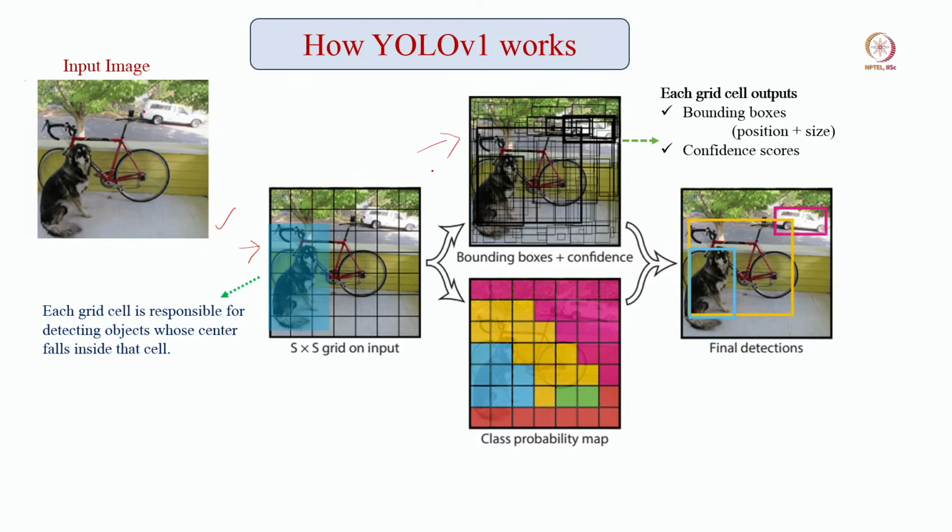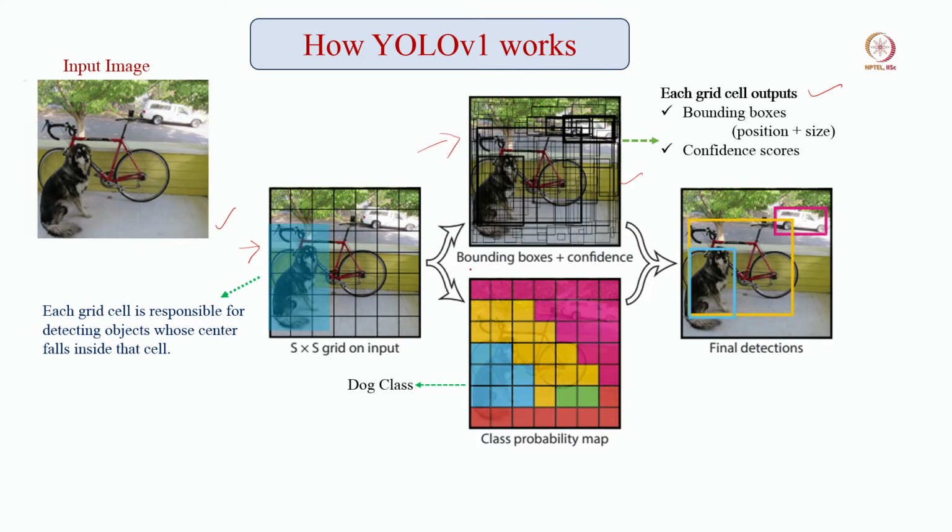Each grid cell outputs the bounding box position and size, and a confidence score. The confidence score is the confidence that an object is present inside the box. So, this gives you bounding boxes plus confidence.